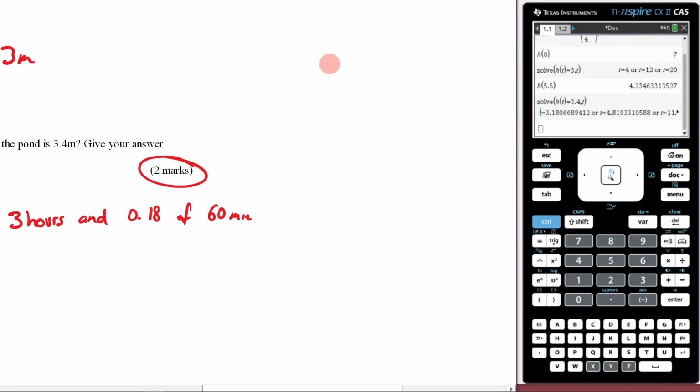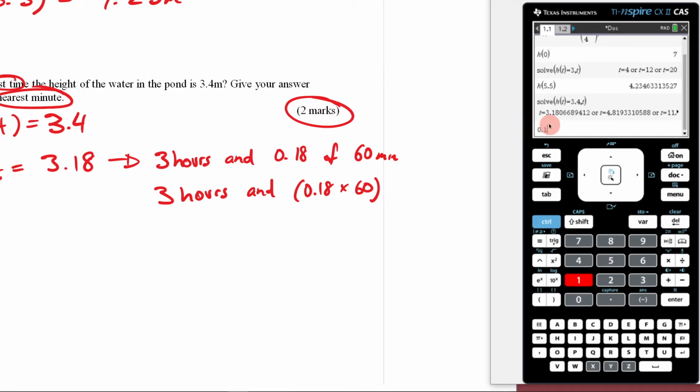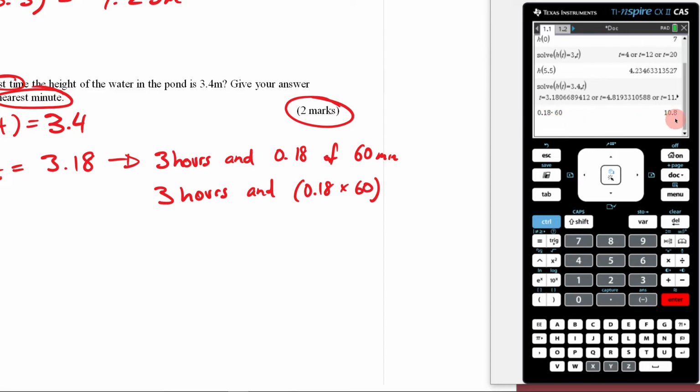So to get that, what we're simply going to do, and I'll do this slowly, is 3 hours and 0.18 times 60. So we come here, 0.18 times 60 is going to be 10.8, also known as 11 minutes, because it wants it to the nearest minute.